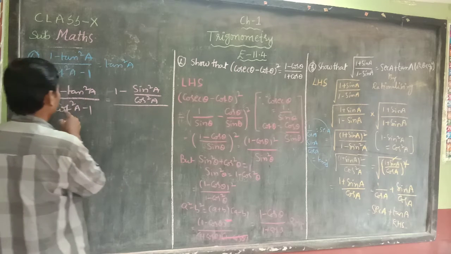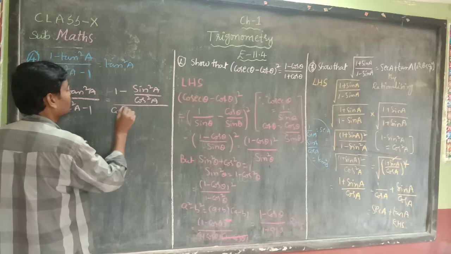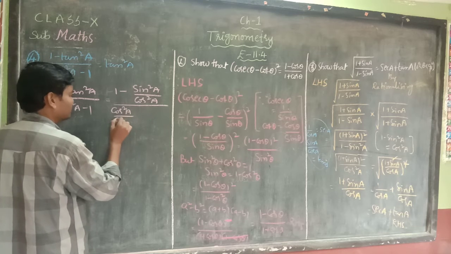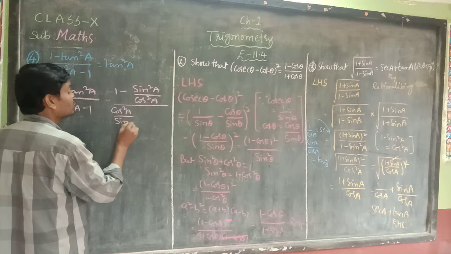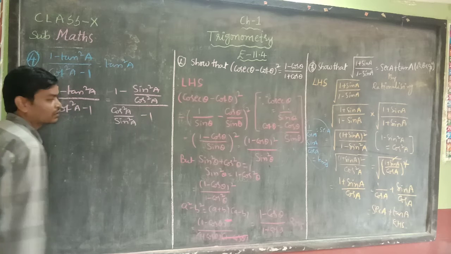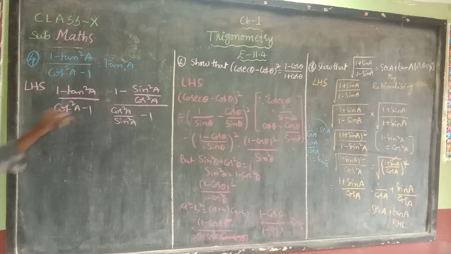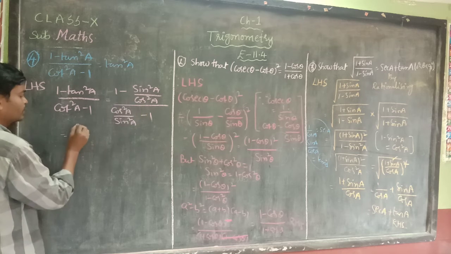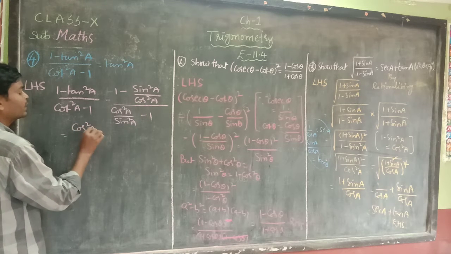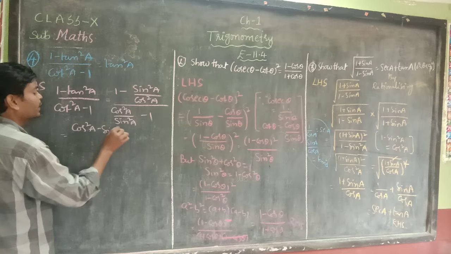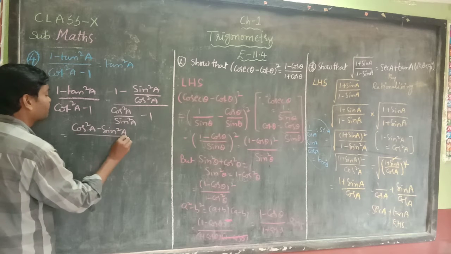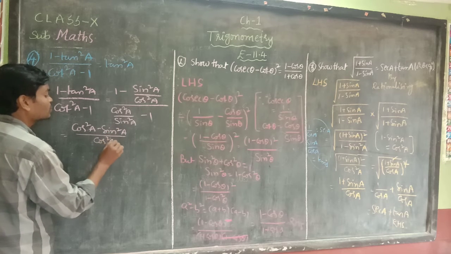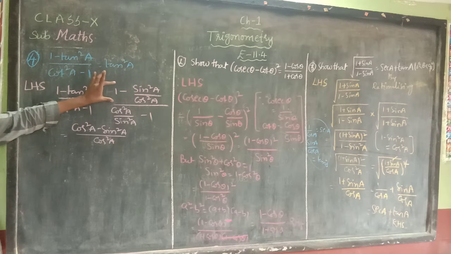Here the LCM is cos square a, so cos square a minus sin square a by cos square a.